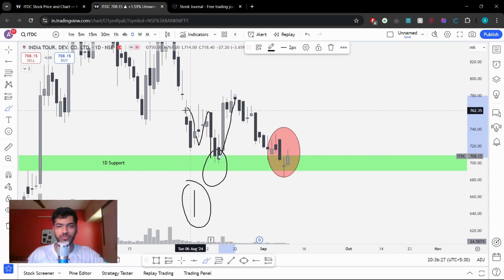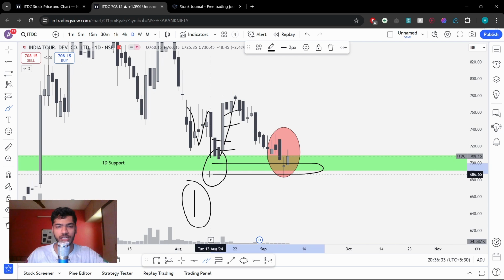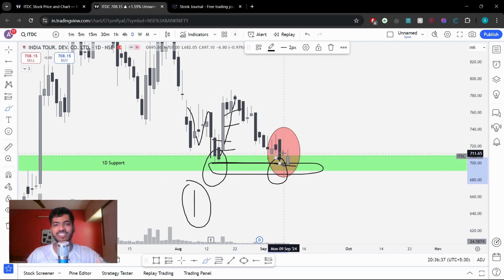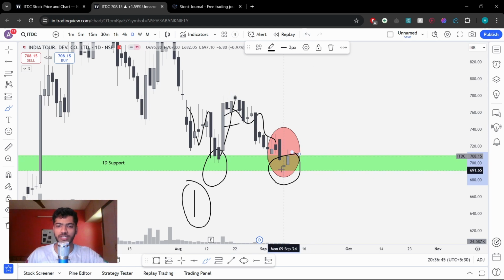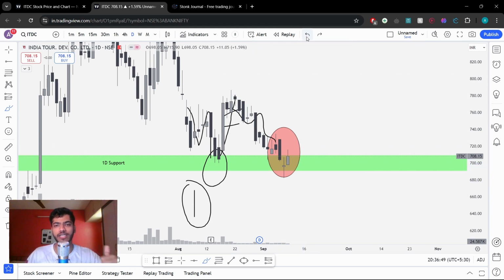It gave a good movement on the upside, invited all the buyers, and where will the buyers put their SLs? Right below this zone, right? And look what the stock did. Exactly, it came down to take the SL on the support level, right? So this is where I enter. So their SL is my entry, their liquidity is going to be my entry point, right?